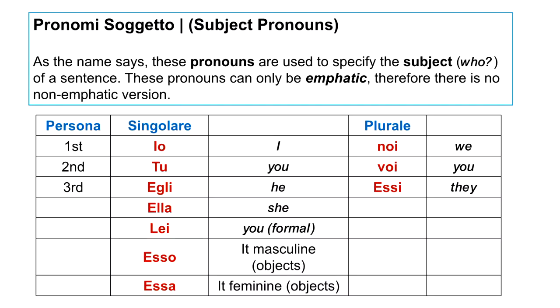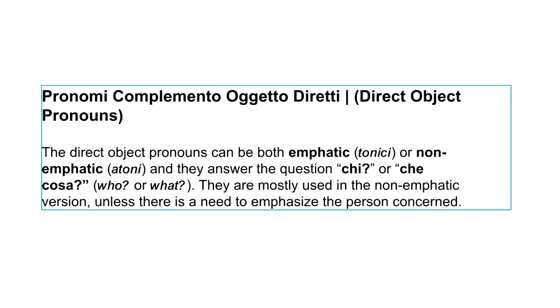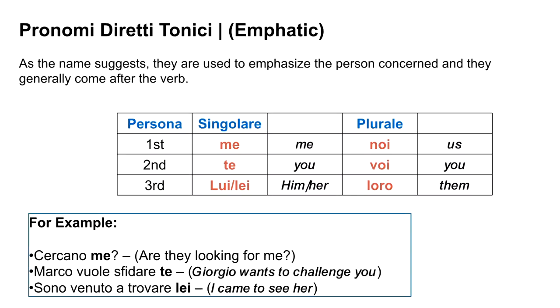That nowadays in textbooks you would see listed as loro, but the way I learned it, the old school way, is essi. And again, it's confusing and it's wrong. It's confusing because the direct object pronoun for the third person is loro. Okay? It's loro.